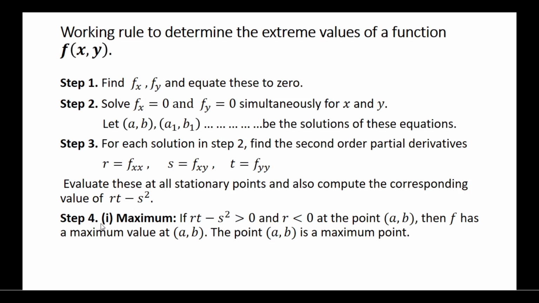In step 4, the function will be maximum if rt minus s square is greater than 0 and r is less than 0 at the point a comma b. Then f has a maximum value at a comma b and the point a comma b is a maximum point.